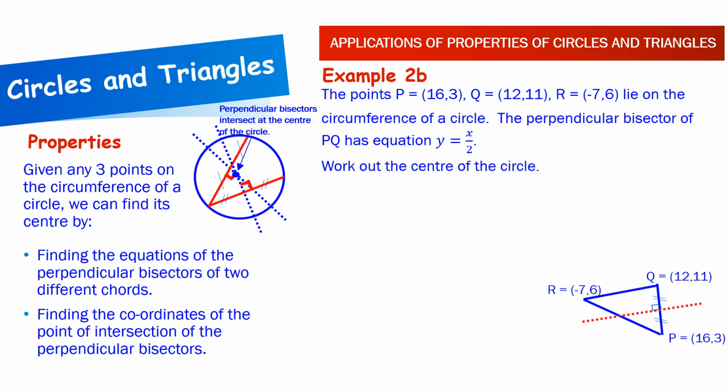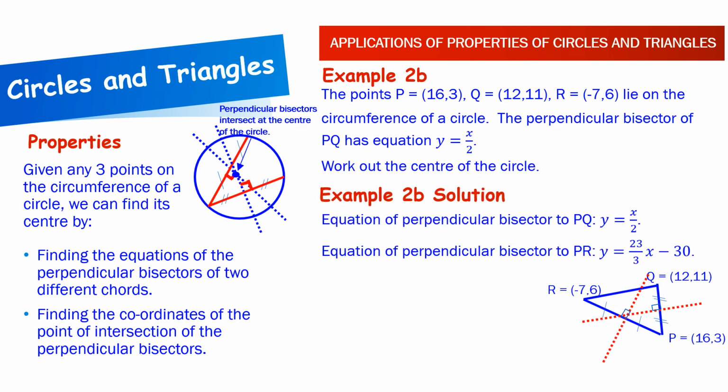Now let's solve example 2b. We are required to work out the centre of the circle. So let's solve this. The equation of the perpendicular bisector to PQ, y equals x over 2, is given in the question. And the equation of the perpendicular bisector to PR is y equals 23 over 3x minus 30.